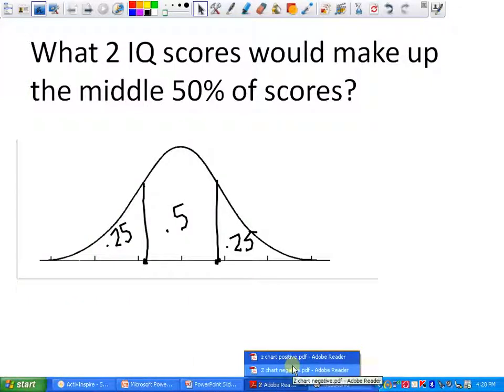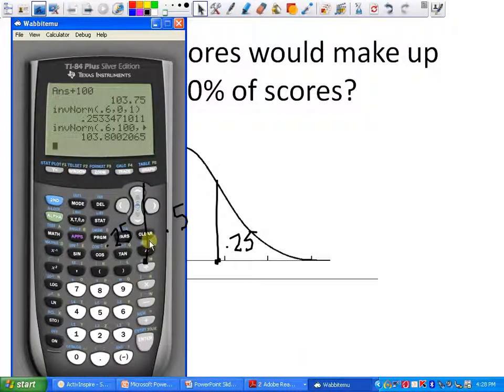So first, if I go to inverse norm, the area that is to the left of that first score was 0.25. 25% was to the left of that. Now, this is where I'll go next, because this will give me my score.